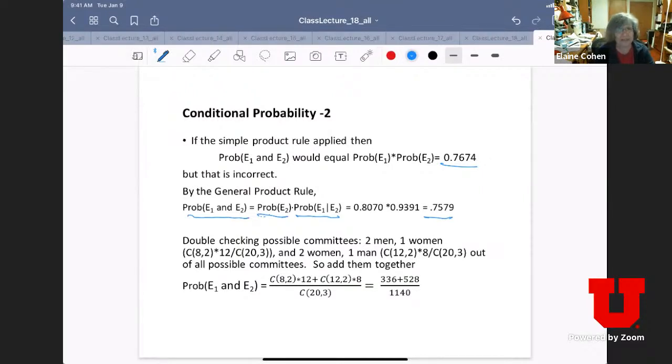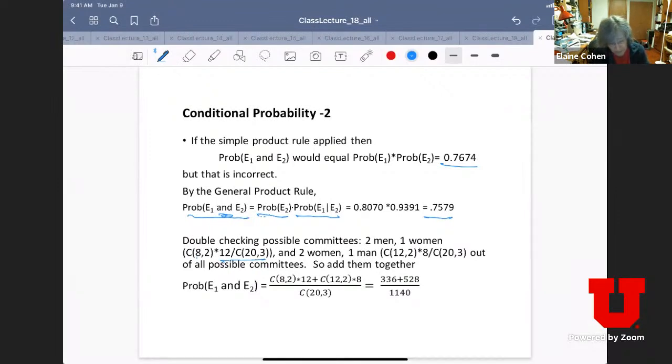So you can always double check these answers, the "and," by going in and saying, what are the possible committees? 2 men, 1 woman, which is 8 choose 2 times 12 over 20 choose 3. That's the probability of 2 men and 1 woman.